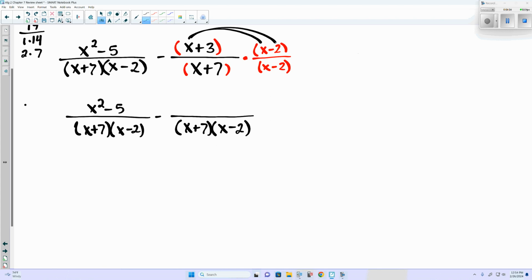Now our x times x is x squared. X times negative 2 is negative 2x. 3 times x is plus 3x. And 3 times negative 2 is negative 6.